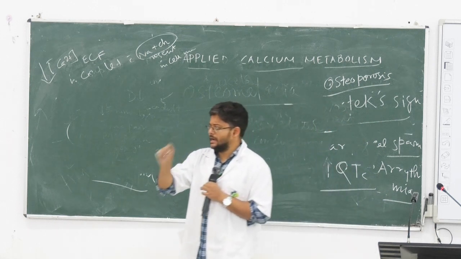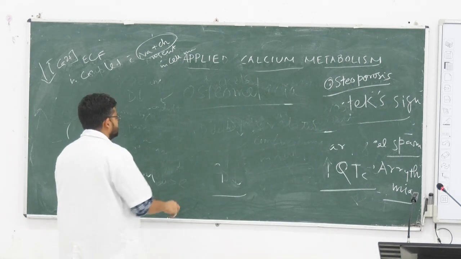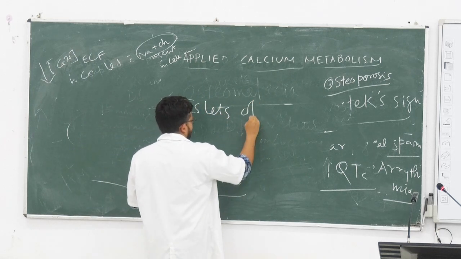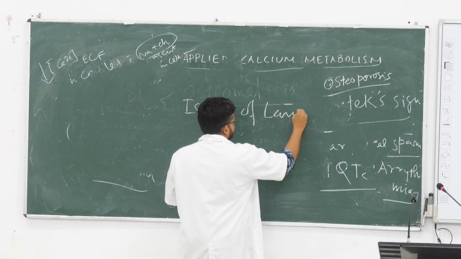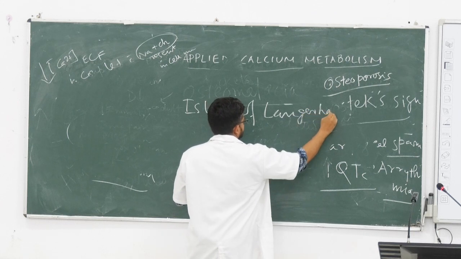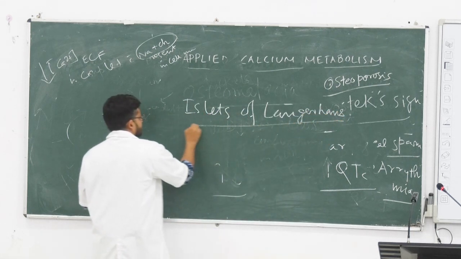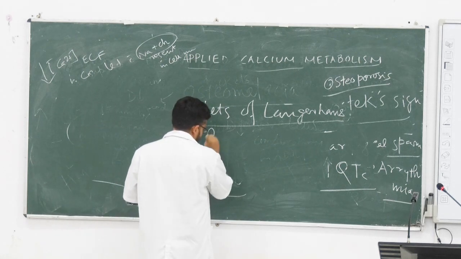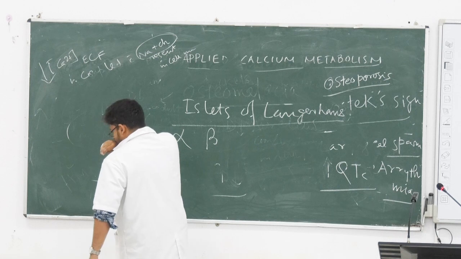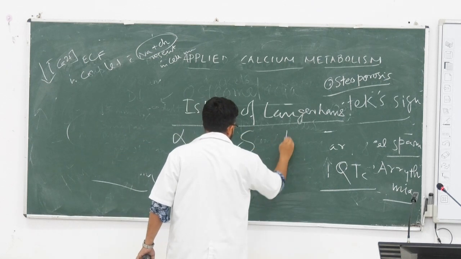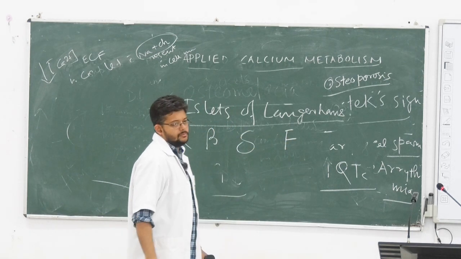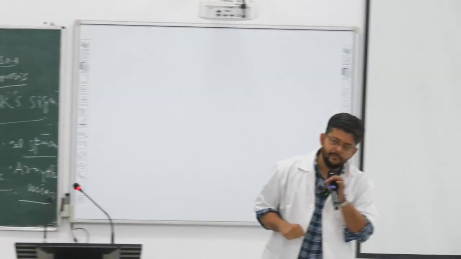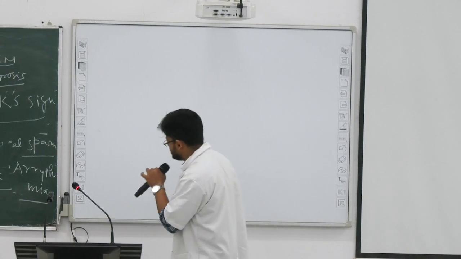Very minute area is endocrine, and that is known as islets of Langerhans. So endocrine pancreas has 4 types of important cells.